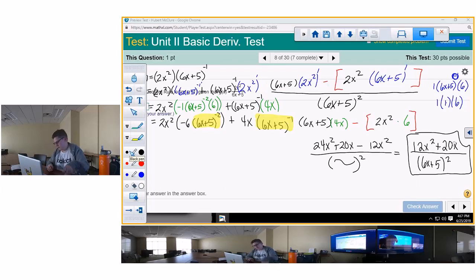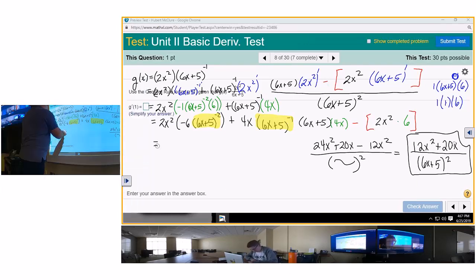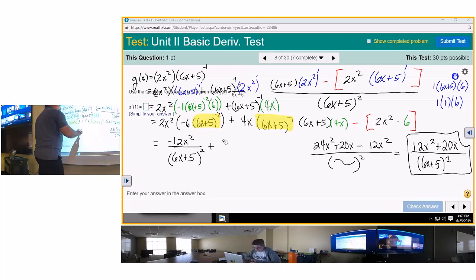That's going to give me 2x squared over, I'm sorry, what's negative? Negative 12? Yeah. Over 6x plus 5 to the second power plus 4x over 6x plus 5 to the first power.